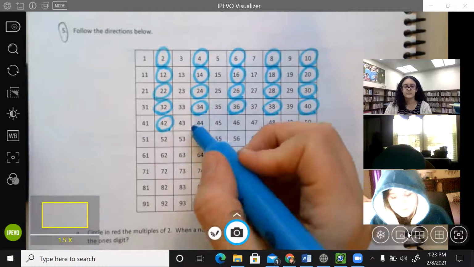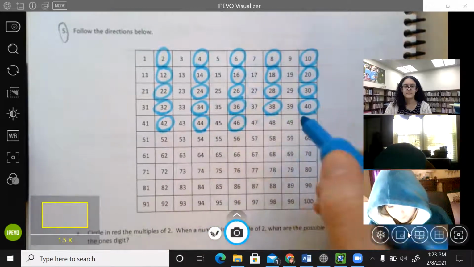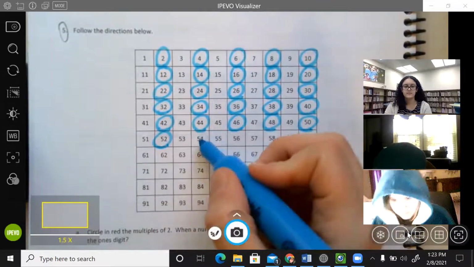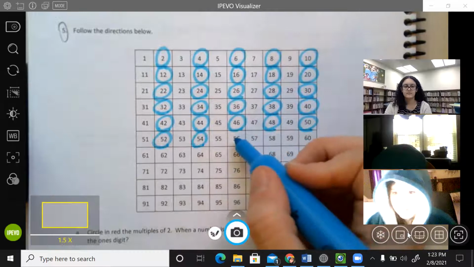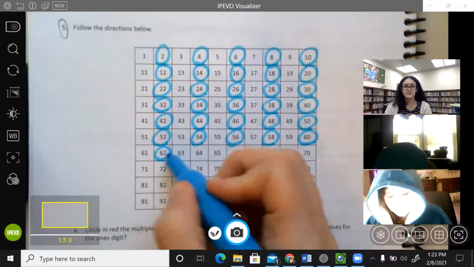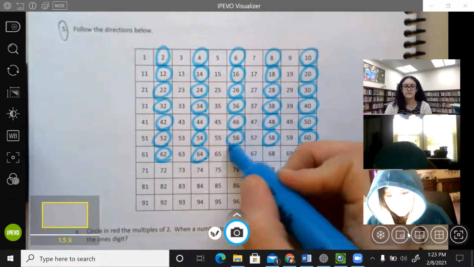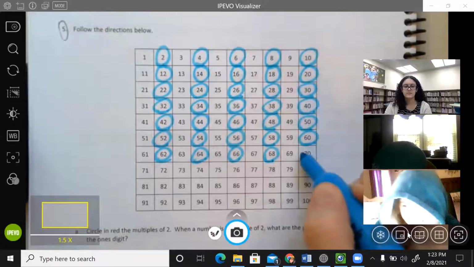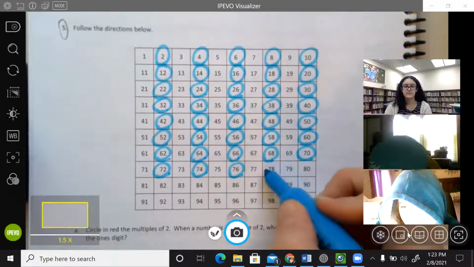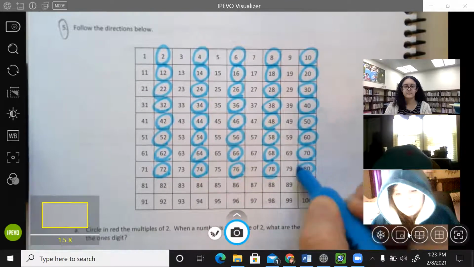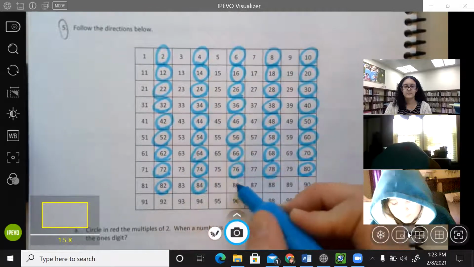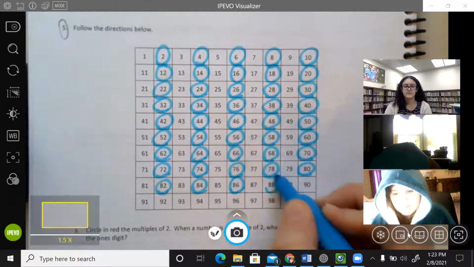42, 44, 46, 48, 50, 52, 54, 56, 58, 60, 62, 64, 66, 68, 70, 72, 74, 76, 78, 82, 84, 86, 88.